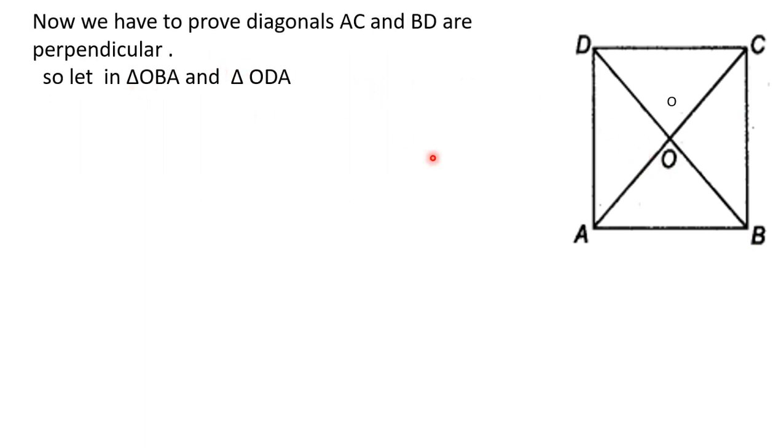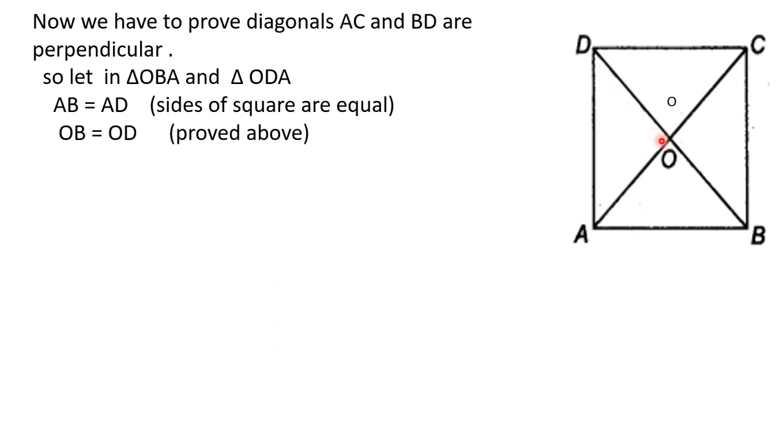For proving this, now we take the triangle AOB and the triangle ODA. So these two triangles we have to take. Here in these two triangles, this side AB is equal to side AD as they are the sides of square, and this side OB is equal to side OD as proved in the previous part, and this side OA is common for the triangle AOB as well as for the triangle AOD.